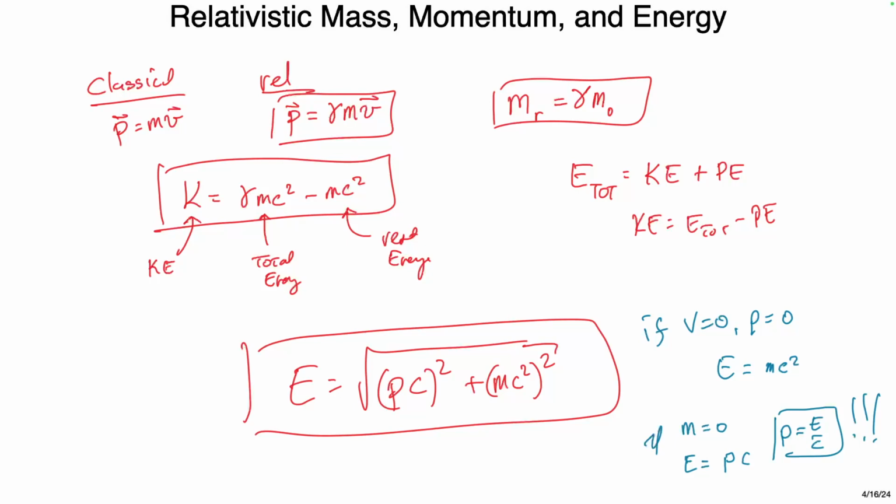Yeah, it's a solar panel, right? Light has energy. You take the energy, you divide it by c, you get momentum? You get kilogram meters per second? My brain is broken. How is that possible?